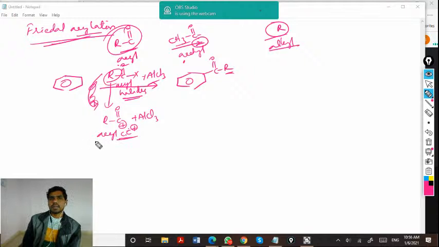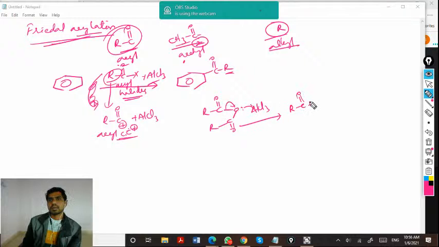So acyl carbocation is the intermediate here. Another way to make the acyl carbocation is to use acetic anhydride or acyl anhydride and treat it with AlCl3. This bond is going to move, giving RC double bond O plus and RC double bond O AlCl3. So this also gives the acyl carbocation.